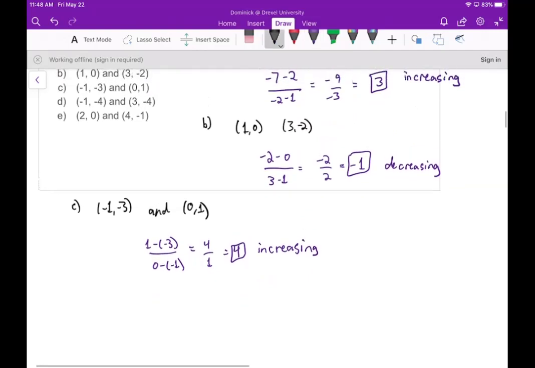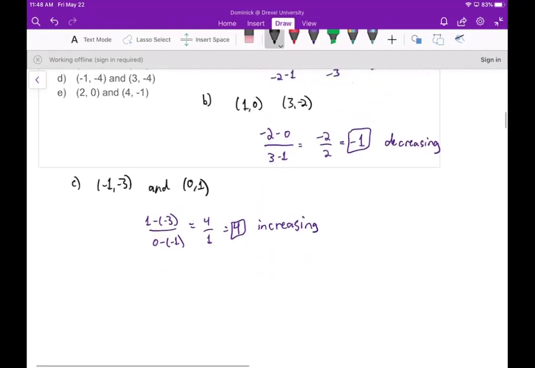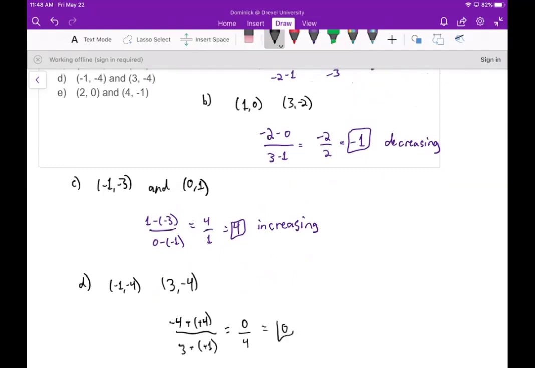Okay, for part D, we have -1, -4, and 3, -4. So we got -4 minus a -4 over a 3 minus a -1. So minus a negative will become positive. So we're going to get a 0 over 4. And this is just 0, right? So this is neither increasing or decreasing. This, of course, is constant.